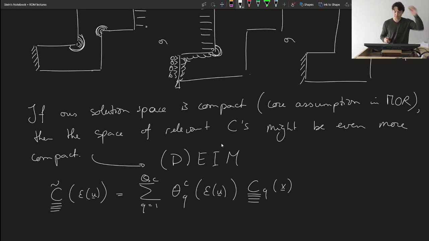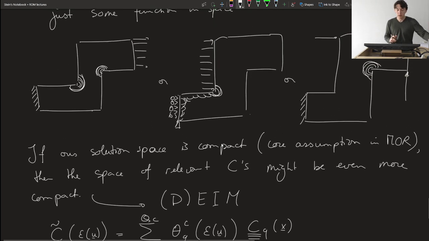This is exactly what we talked about two lectures ago: with some parametric dependency, we describe a fluctuating field in space as just a handful of most important modes multiplied by these interpolation weights. And that's exactly what we would do here as well.